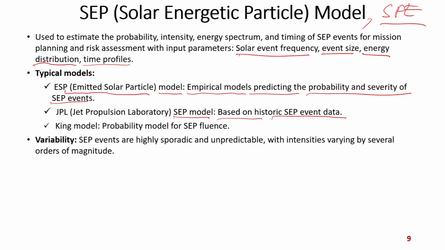Then there is one more model available, called the King model. It is a probability model for the SEP fluence. SEP fluence means the SEP flux. And since SEP is a function of the solar activity, and there is high variability in the solar activity, SEP is also very variable.